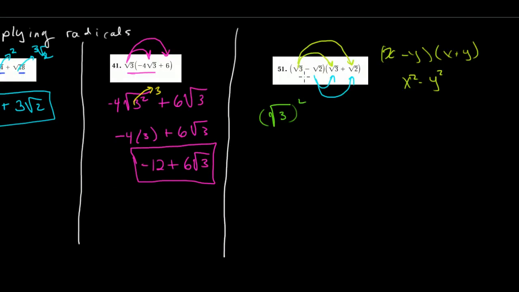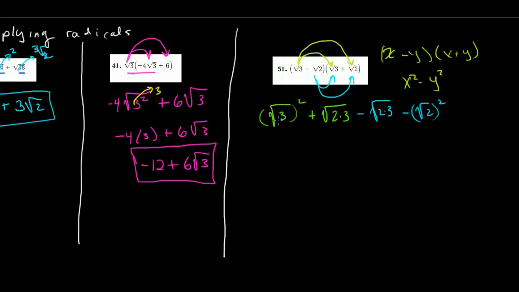So we've got radical 3 squared, and we've got plus radical 2 times radical 3. And then when I distribute the negative radical 2, then I have a minus radical 2 times radical 3 minus radical 2 squared.